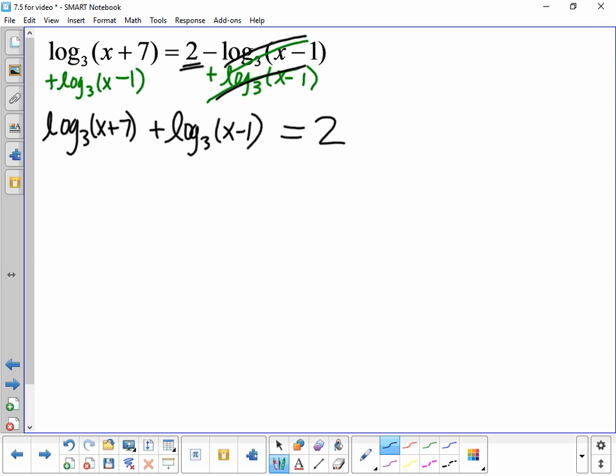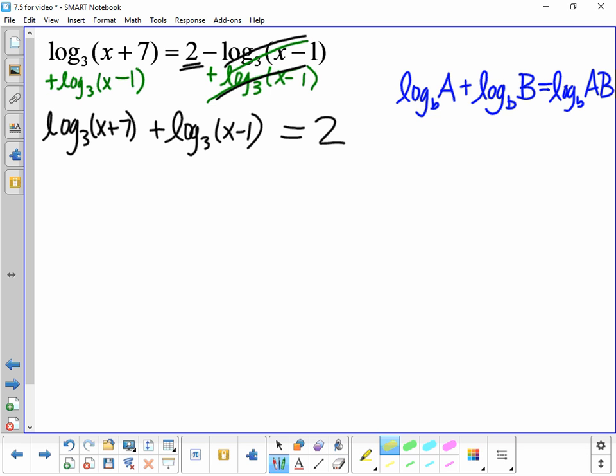All right, so now I can condense my two logs, and if you remember our log rule with addition is that if I have a log and I'm adding it to another log, it's the same as the log of the product. So I need to take my two arguments.